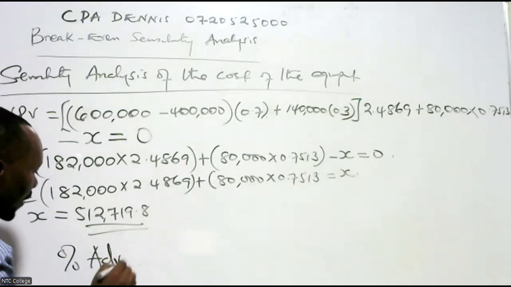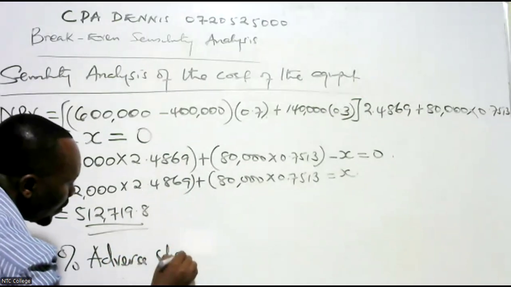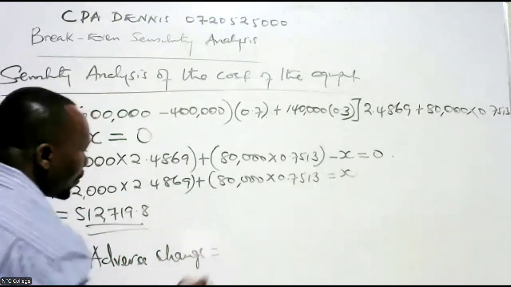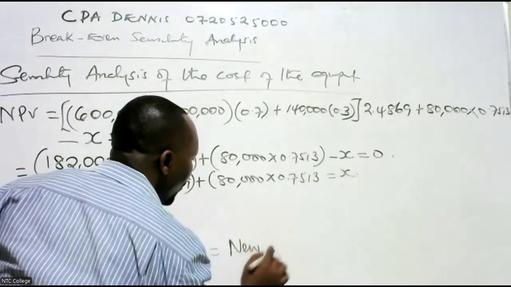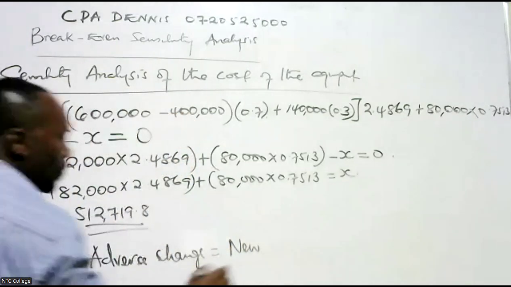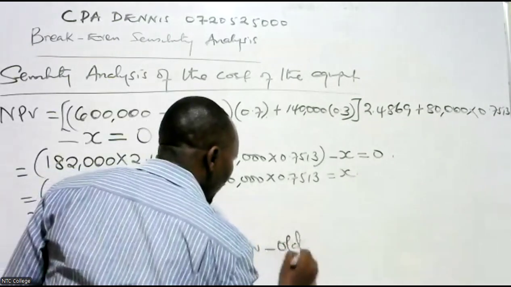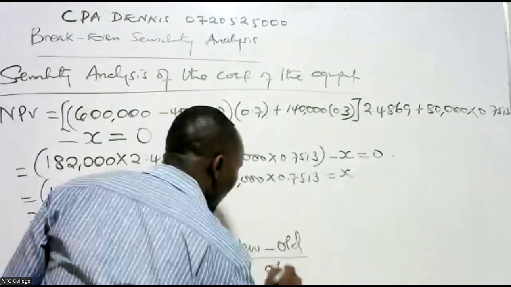So you say that percentage adverse change is equal to new cost of equipment minus old, all over old.